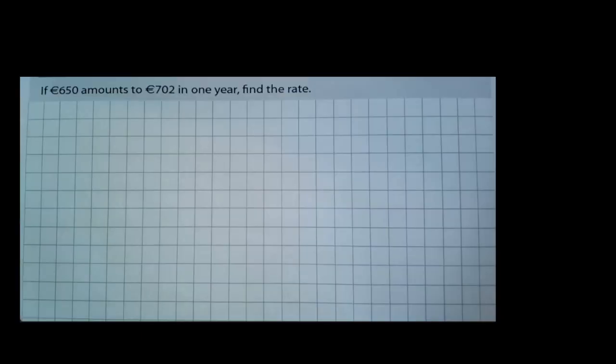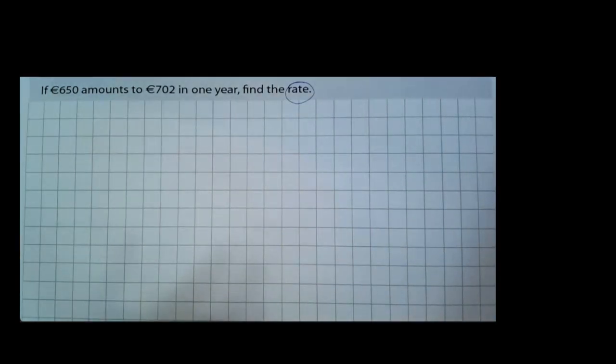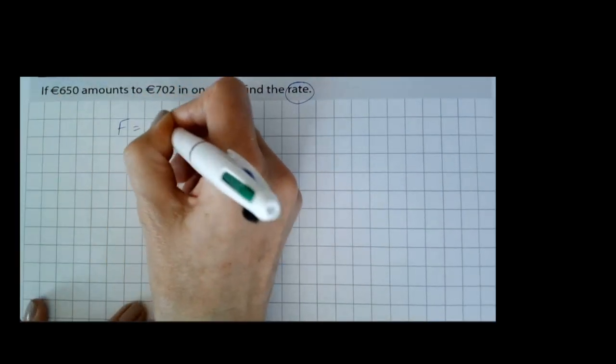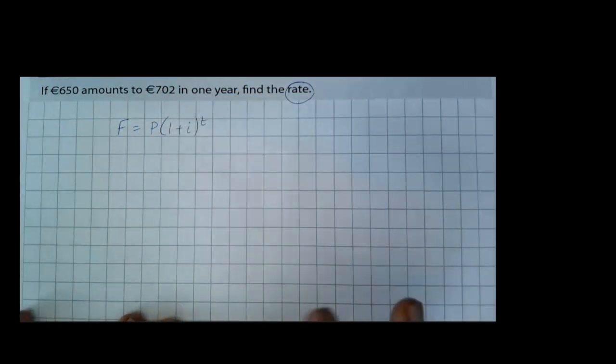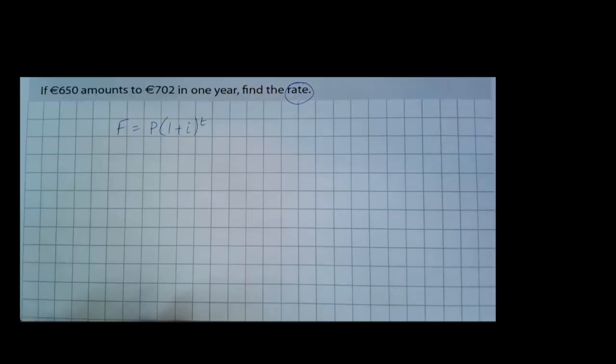Okay, take a look at this question. If 650 euros amounts to 702 euros in 1 year, find the rate. Okay, so I'm going to use my compound interest formula here to help me out. I'm going to fill in the bits that I know and then hopefully be able to work my way backwards to find the rate.